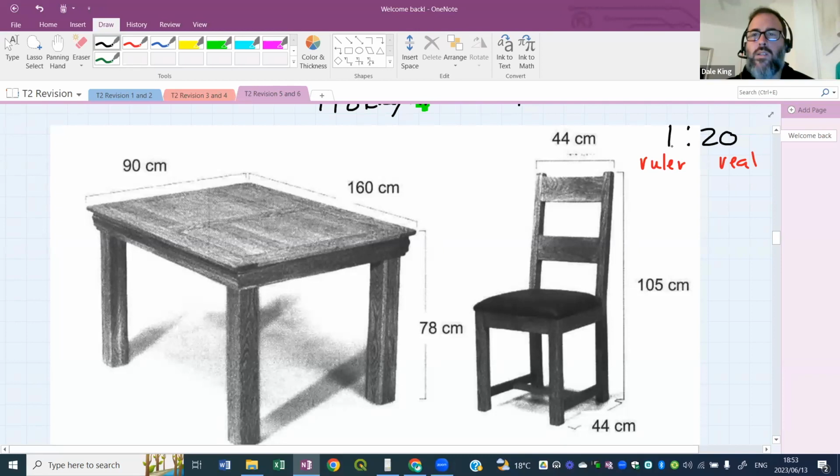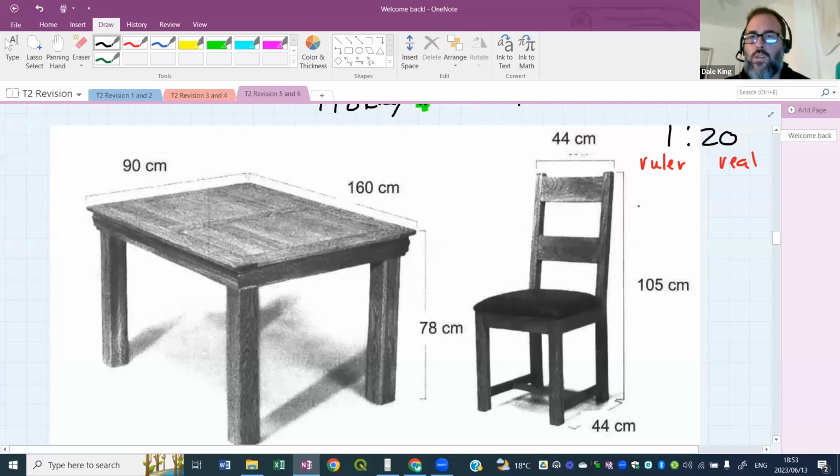Each 20 centimeters gives me 1 ruler centimeter. What calculation will I do there, Janu? We need to divide. We need to cut this 44 up into 20s. How many 20s do we have?